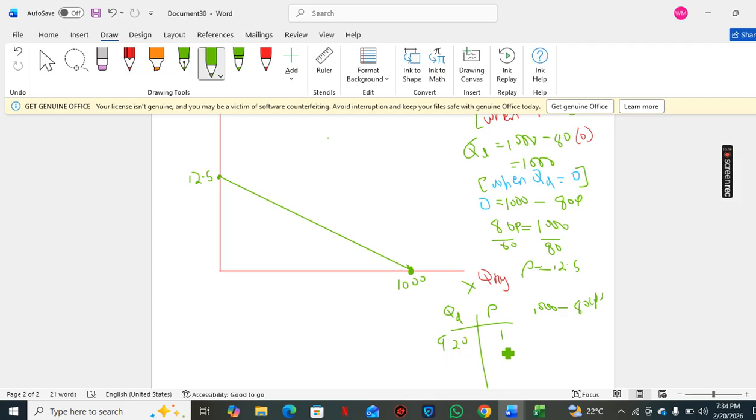And then when P equals 2, you continue putting in values of P and you start getting your quantity demanded values. But if you do this process, it will take you long to connect these dots. So the shortcut is to equate P and QD to 0, so that you make a quick line like this one here.